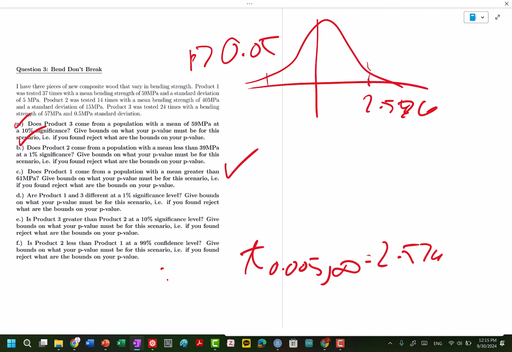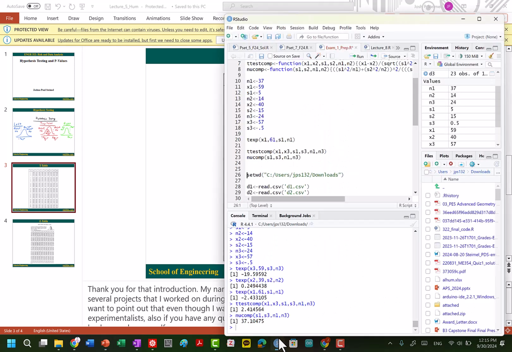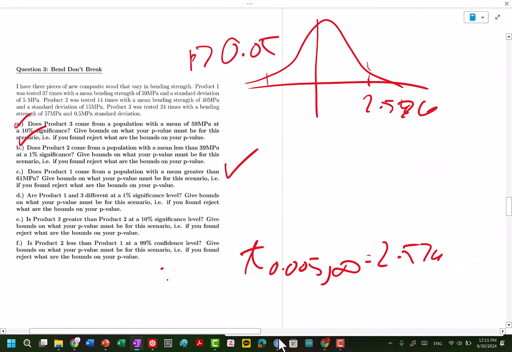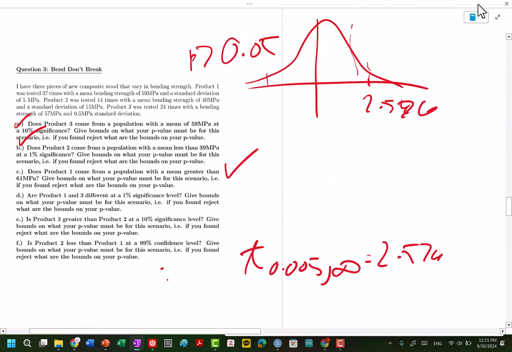Now, what was our t? 2.41. So our t was 2.41. So we're actually falling within, so we are in the do not reject regime, which means that our p-value is greater than 0.005. Excellent. Because we're following that do not reject regime.